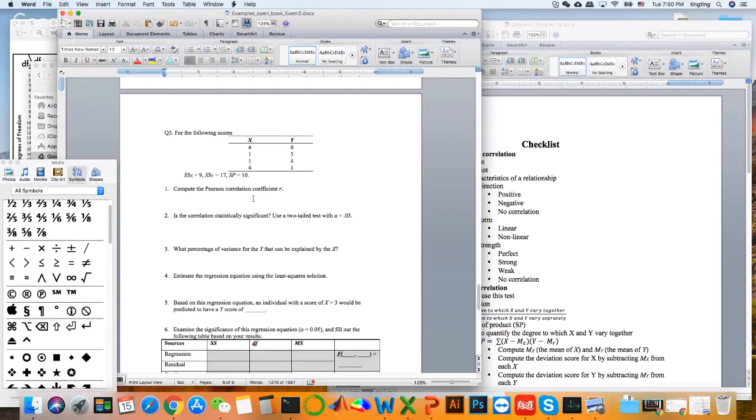To compute the Pearson correlation, I can give you the page number.